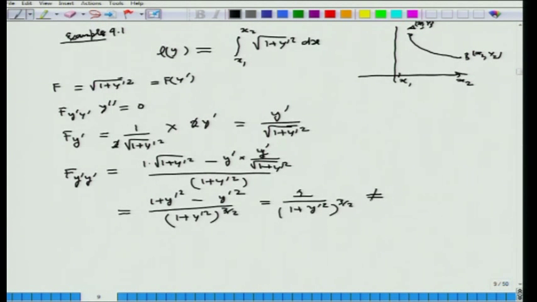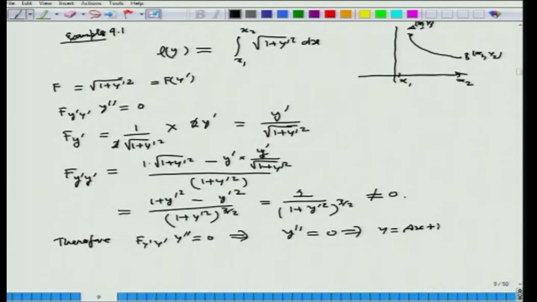So, this is not 0, and therefore f y prime y prime times y double prime equal to 0 implies that y double prime equal to 0, which implies that y equal to a x plus b. So, we get extremal as a straight line, as expected.